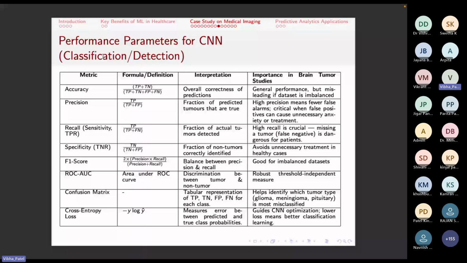Okay? So if I'm training my network with this data, and if I'm using only accuracy as my parameter for evaluating a system of this kind, then this is not a preferred metric. So in those cases, one should opt for various other metrics as well. And you should not just rely on a model of this kind.